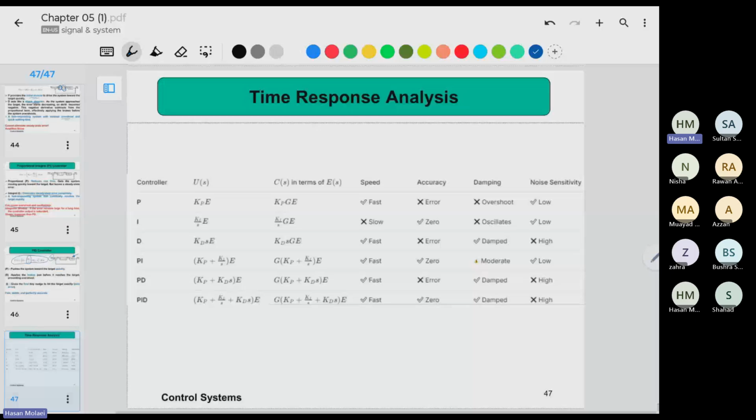And this table is just summarizing all of the combinations of the controllers: proportional, integral, and derivative. For the proportional, it makes the system faster and the accuracy improves, but it's not perfect, right?